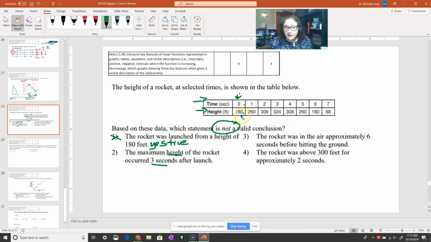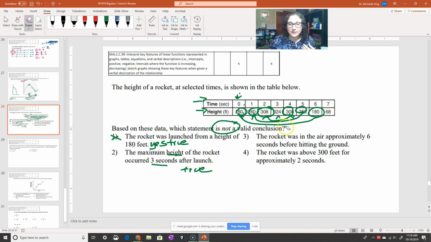Here it's at 180, then it goes to 260, then it goes to 308, then it goes to 324, and look at, see how it's perfectly matched, 308, 308, 260, 260, 180, 180, because it's perfectly matched. I know the axis of symmetry or the turning point happened at 324. So that is true.